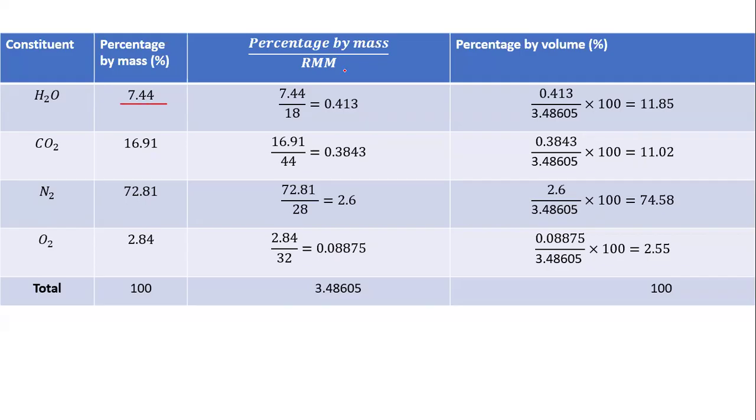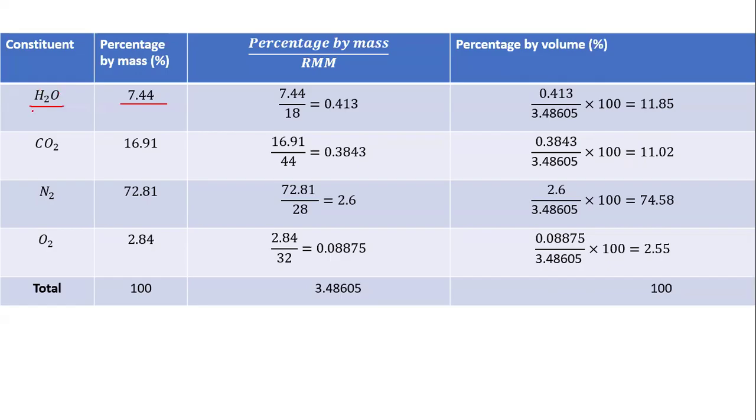What do we mean by this RMM? We pick the element like water. The composition of this water is 2 atoms of hydrogen and 1 atom of oxygen. The mass number for a hydrogen atom is 1. So 1 times 2 gives me a 2. The mass number for oxygen is 16.